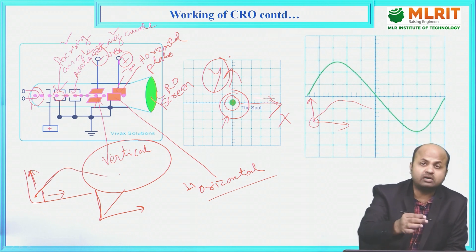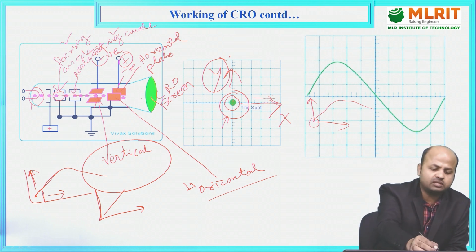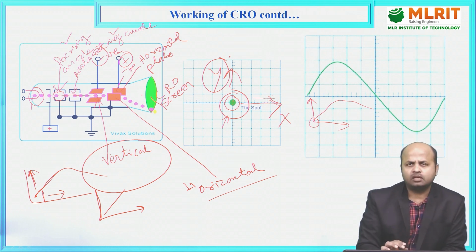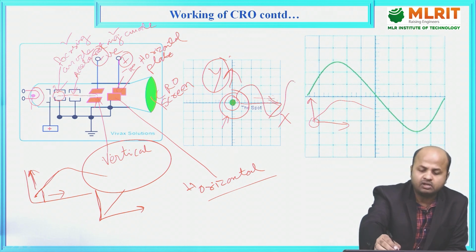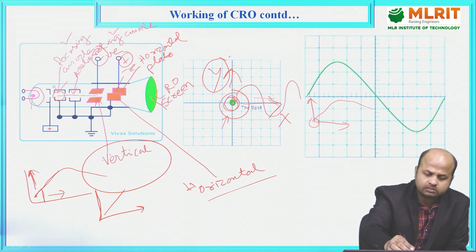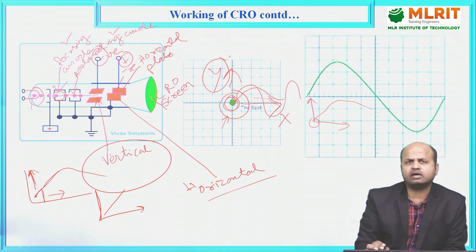This is the basic principle of a CRO. Here the pencil is the electron beam, and with the help of that electron beam, we have to plot our signal. So this electron beam must move towards the x-axis and y-axis to draw the signal on the CRO screen.